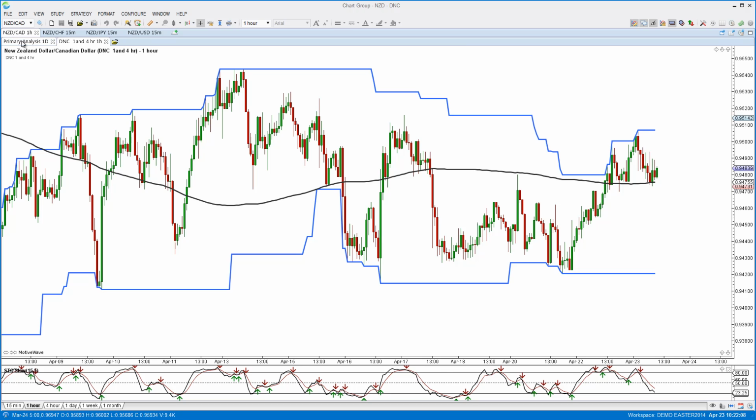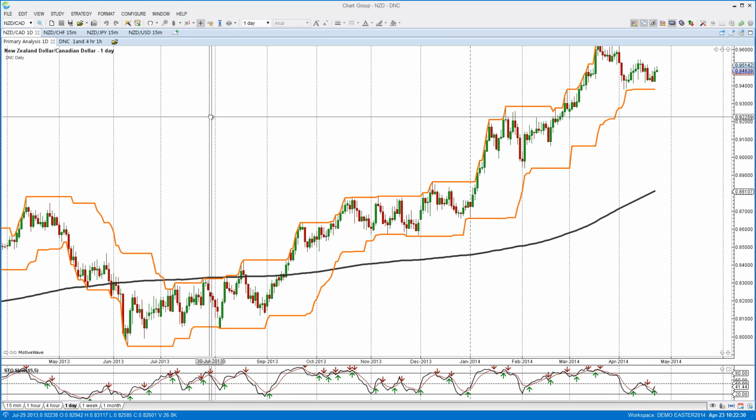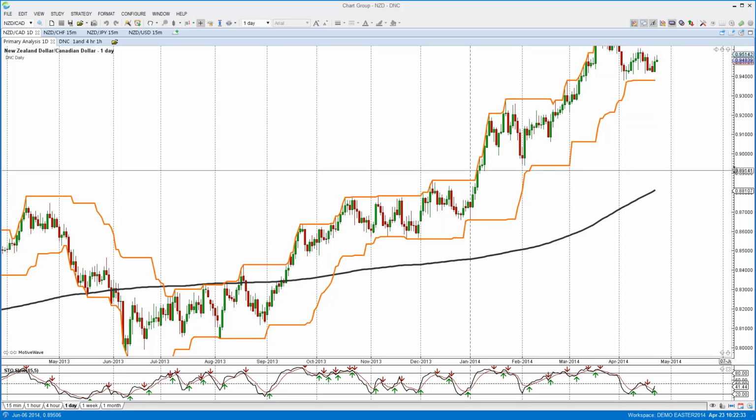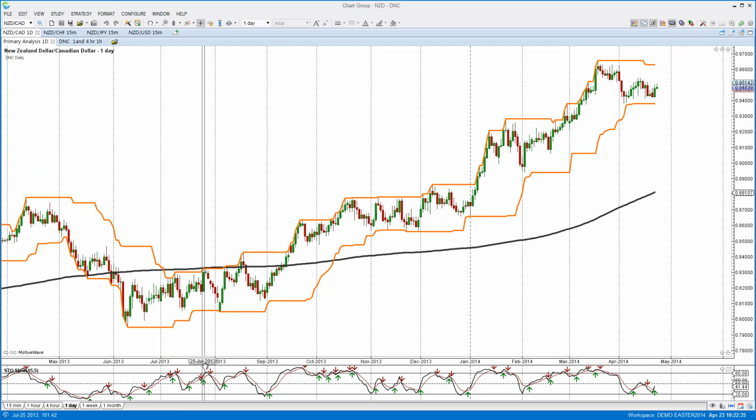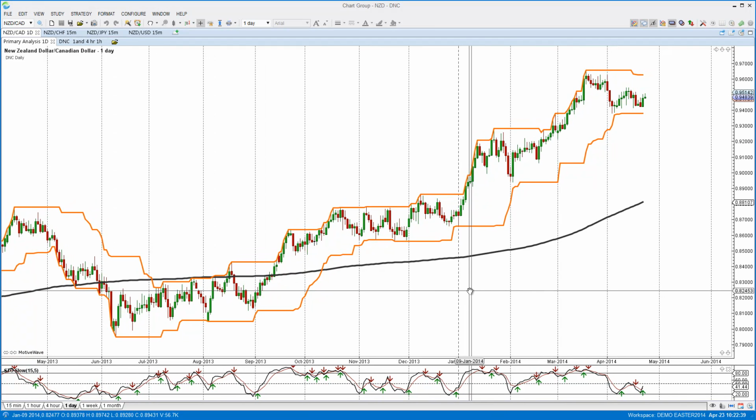So let's move back to our Donchian channels. We can see this move has been quite solid for quite a period of time. Taking the move from around here, the 2nd of September, it's just been constantly moving up, and that has been quite a strong Donchian channel move.